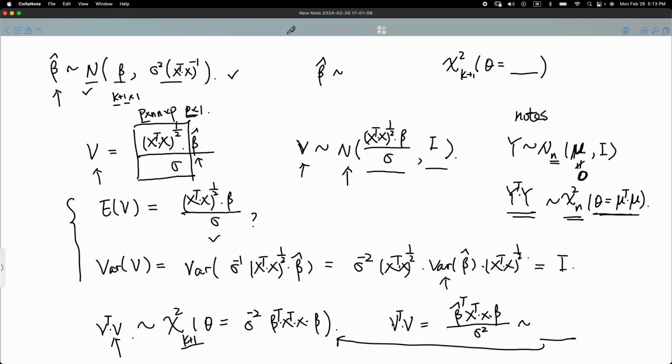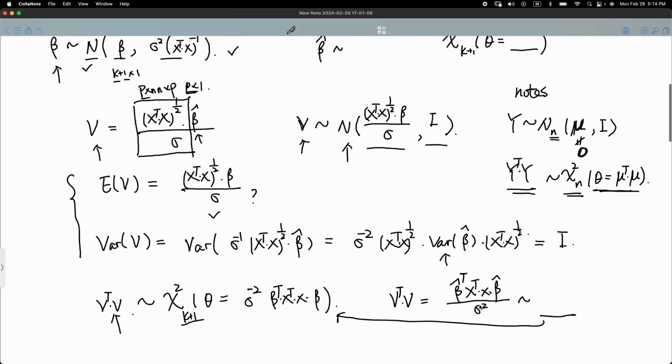There are two transposes here, and a hat. This term follows a non-central chi-square distribution, with the non-centrality parameter defined here. Is there any question or comments?